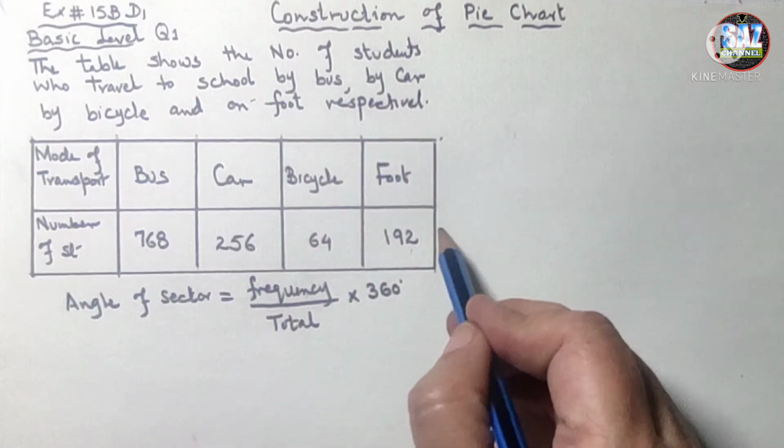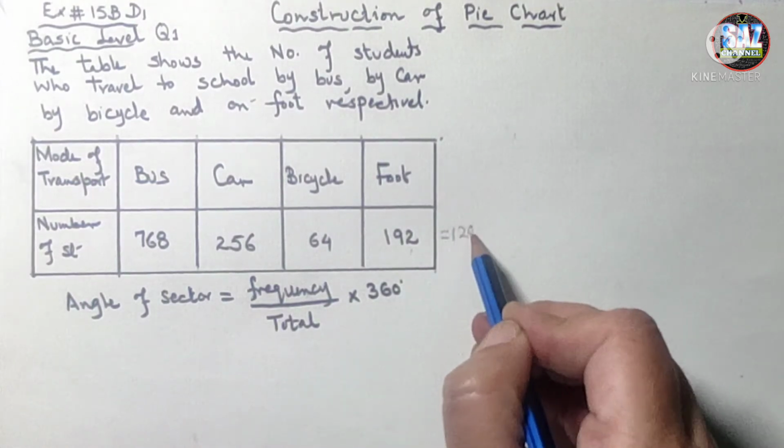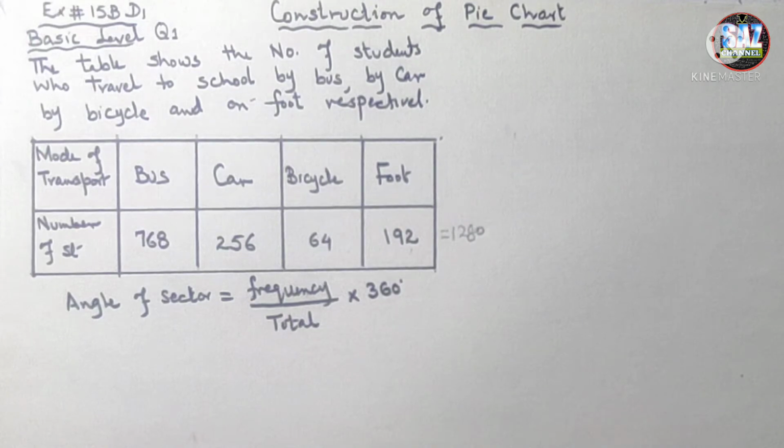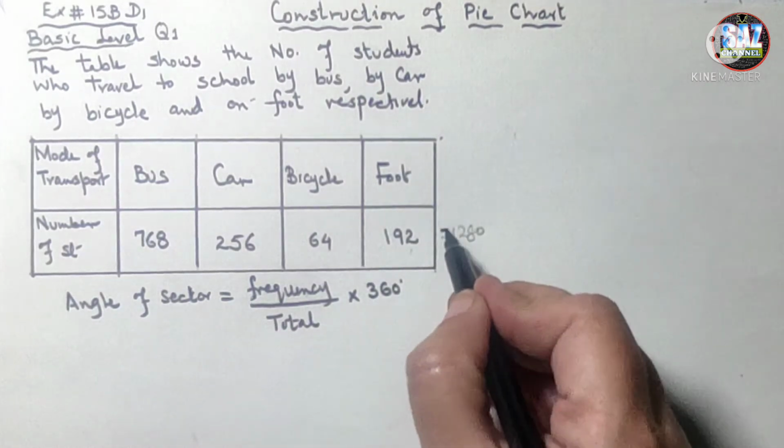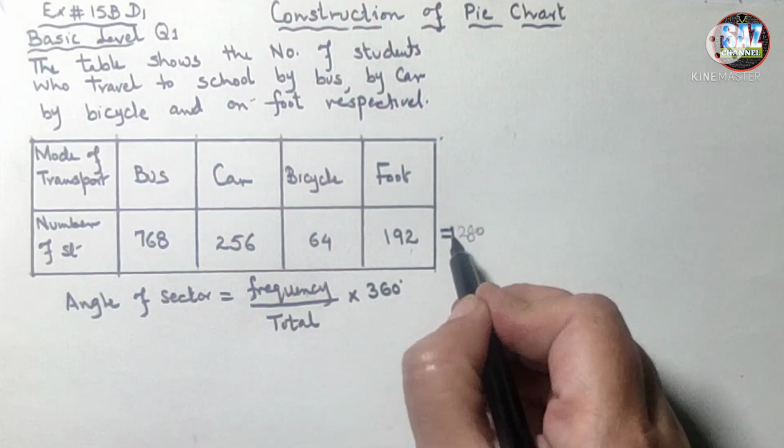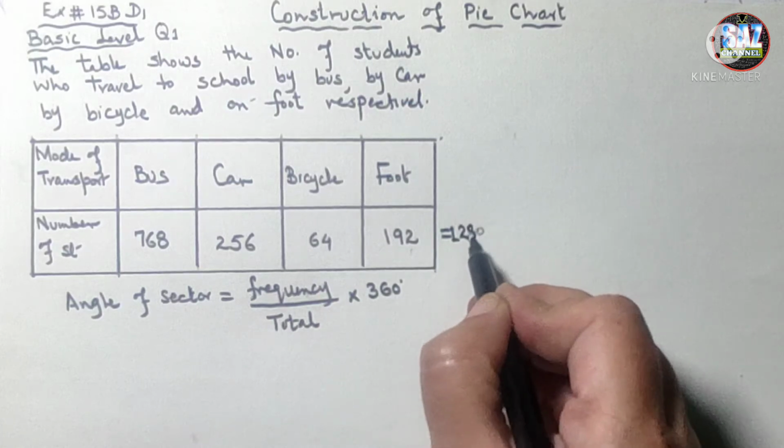Let me reassure this: 768 plus 256 plus 64 plus 192 is 1280.